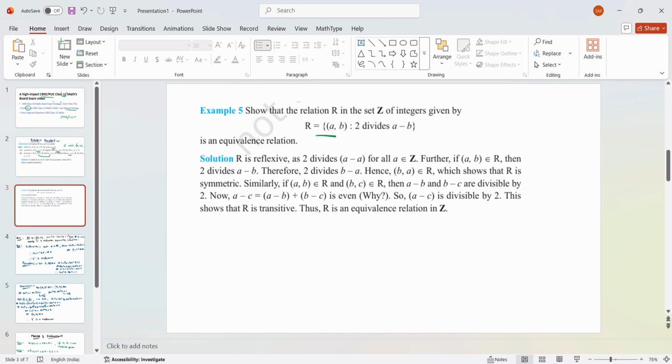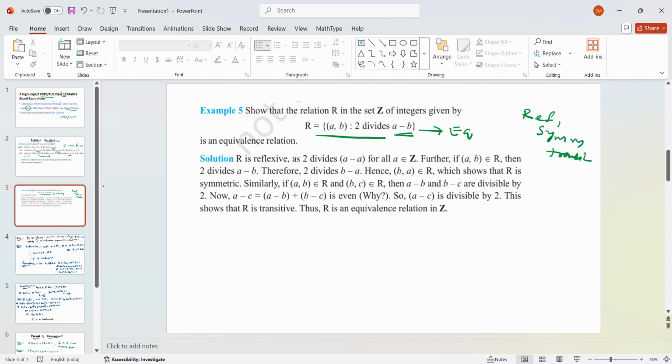This is a relation: (a, b) such that 2 divides a minus b. That type of relation we call an equivalence relation. Equivalence relation is nothing but what? It has to satisfy all three properties: reflexive, symmetry, and transitive.